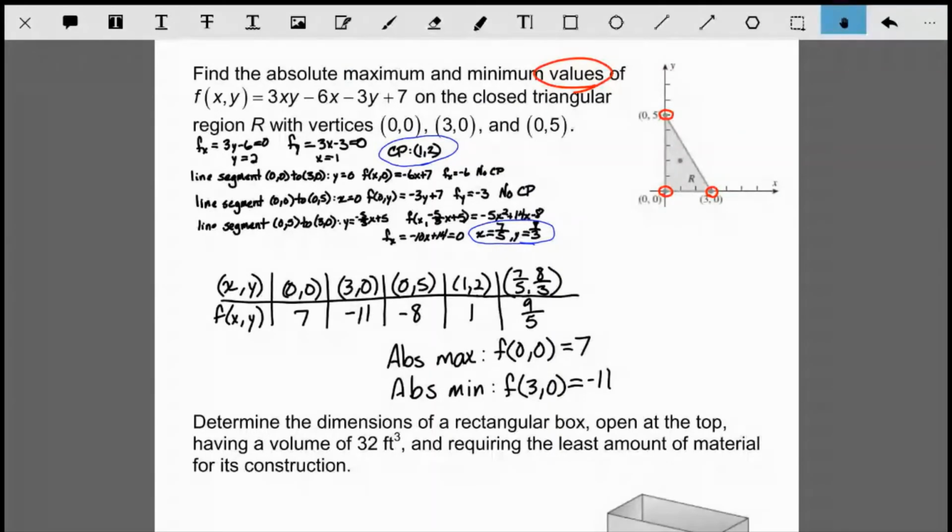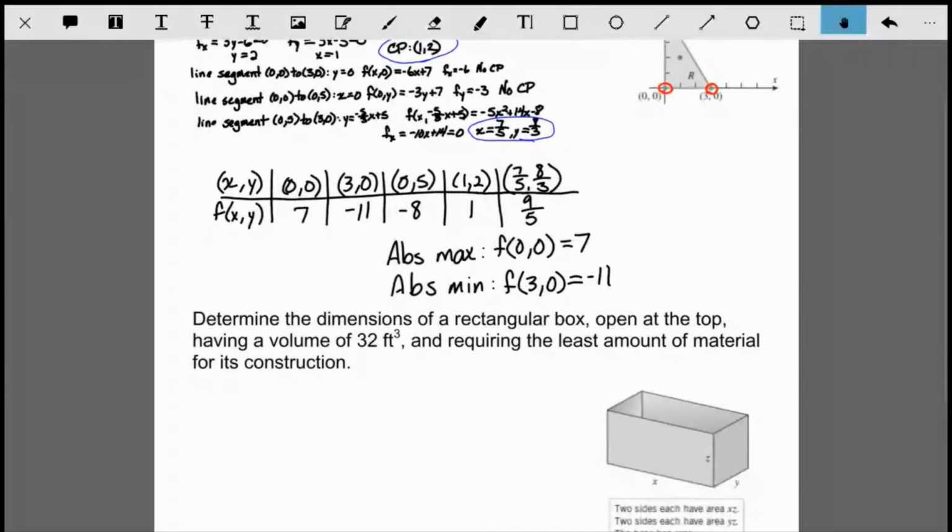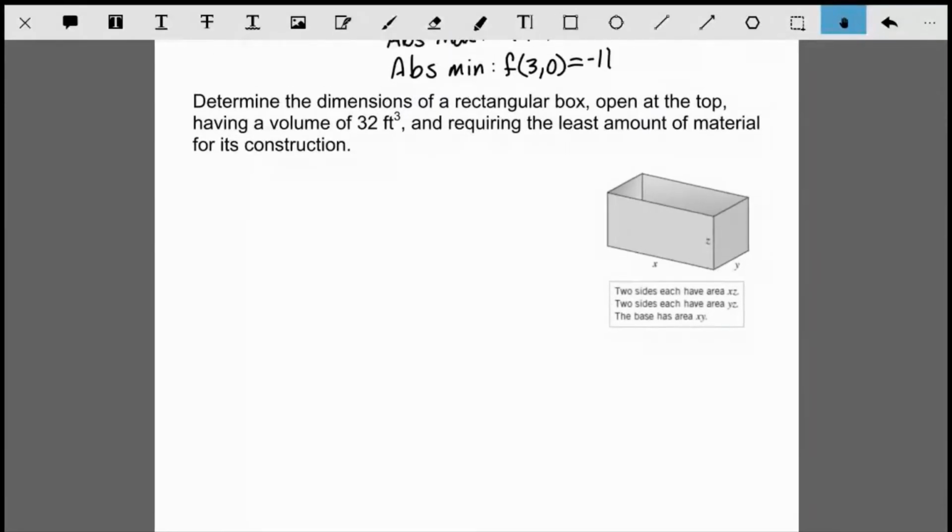But for the endpoints, we have to consider the boundary lines, and if we have pieces of our boundary intersecting in a point, we have to consider those points as well.